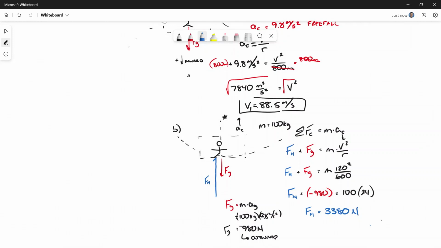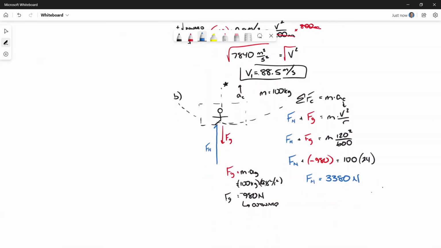I know the force of gravity. And so we can actually calculate our G's. The best way to think about G's is that the G's are just the ratio of how hard the surface is pushing on the person compared to their normal gravity, Fg. Well, we write it as a ratio. And so the normal force is 3380 newtons.